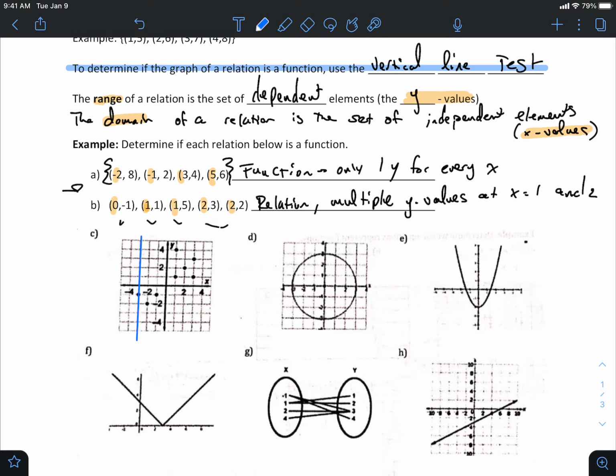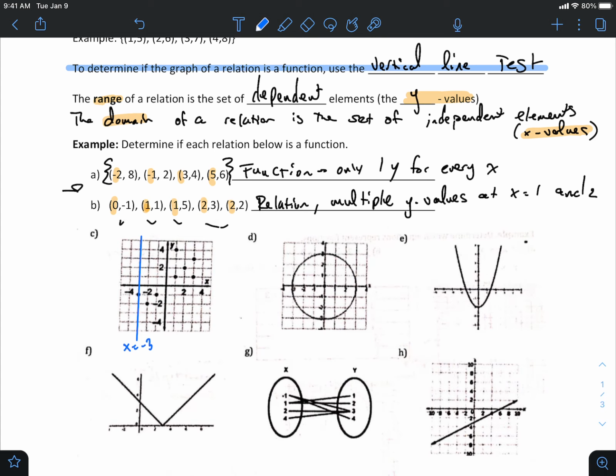Just one, right? I only see 1 point that touches that vertical line. That blue line would be the equation x equals -3. So when x equals -3, there's only 1 point that touches that vertical line. And so far we're all right.